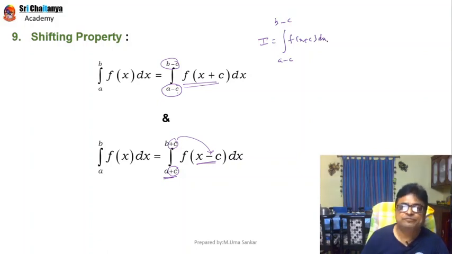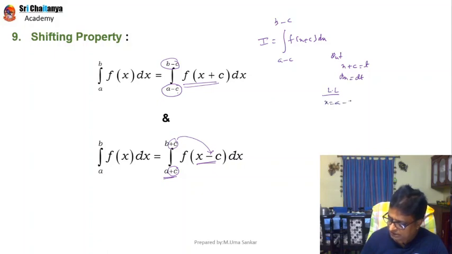Put x plus c equal to t, therefore dx is equal to dt. What is my lower limit? If x is equal to a minus c, then t is a minus c plus c, that is nothing but a. Upper limit, if x is equal to b minus c, then t becomes b minus c plus c equal to b.